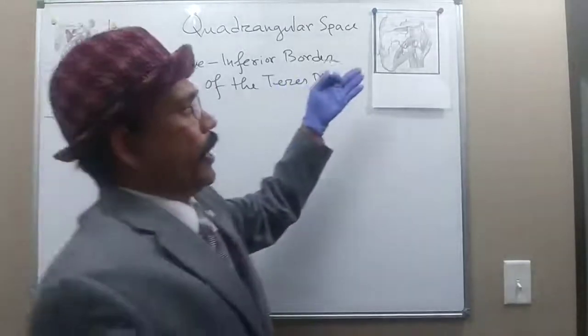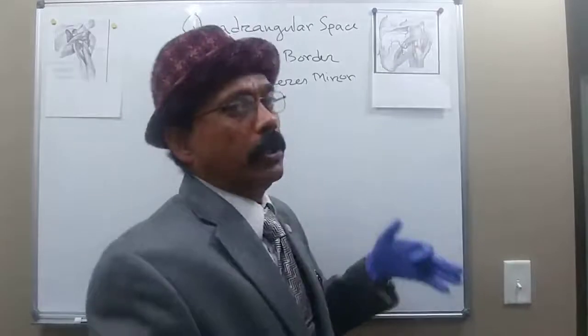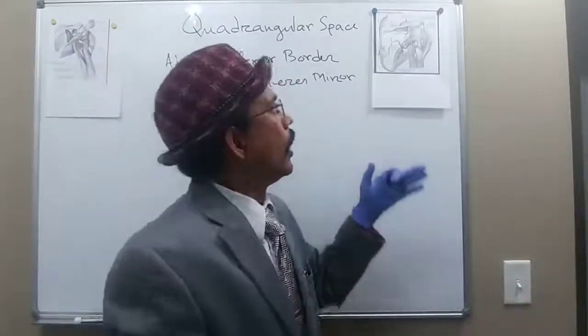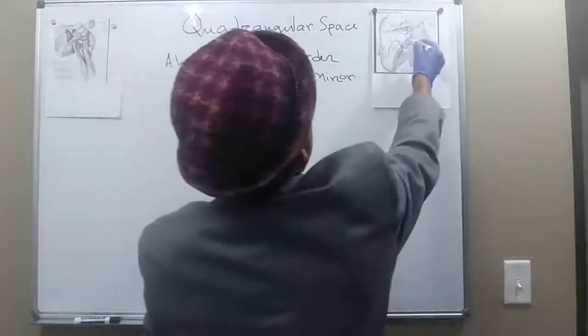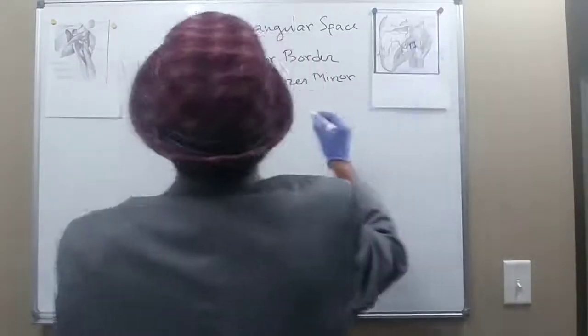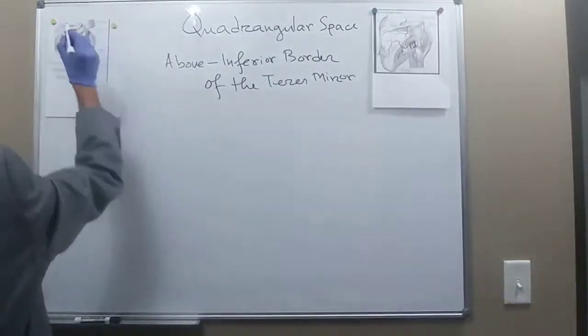We are looking from the back. If you look from anteriorly, you will also get the subscapularis forming the upper boundary of the quadrangular space. Here, this is the quadrangular space. Okay, this is another quadrangular space.